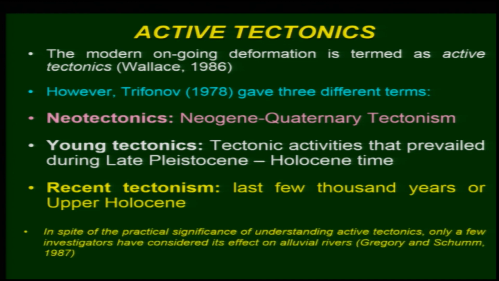In spite of the practical significance of understanding active tectonism, only a few investigators have considered its effect on alluvial rivers. Mostly we try to look for the signature of tectonism in hard rocks, and we talk about a shear zone or faulted rock strata or sediment layers.